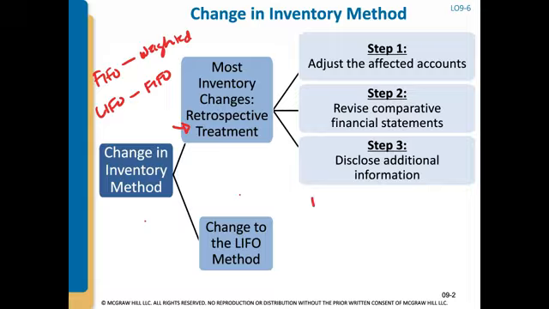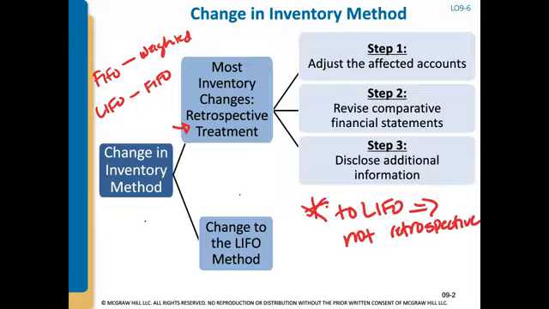However, and this is a big however, if a company decides to change to LIFO, then they don't use the retrospective method. We will use a different method, and we'll go through that later in the video.